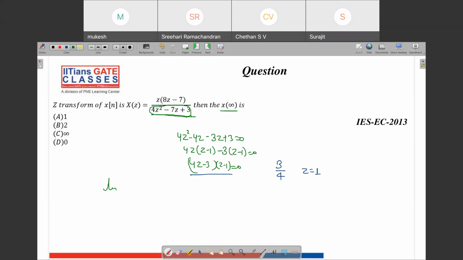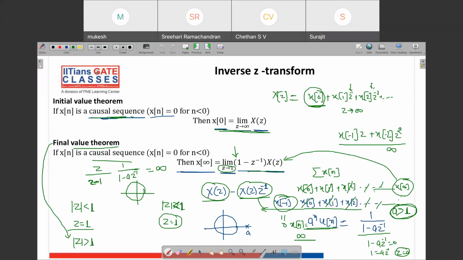So limit z tending to 1, z upon z minus 1. In the last slide, I have written it as 1 minus z inverse, which is the same as this one. Wait, sorry. I think in the last slide, I made one mistake here. It is not this, it will be z minus 1 by z actually, something like this.